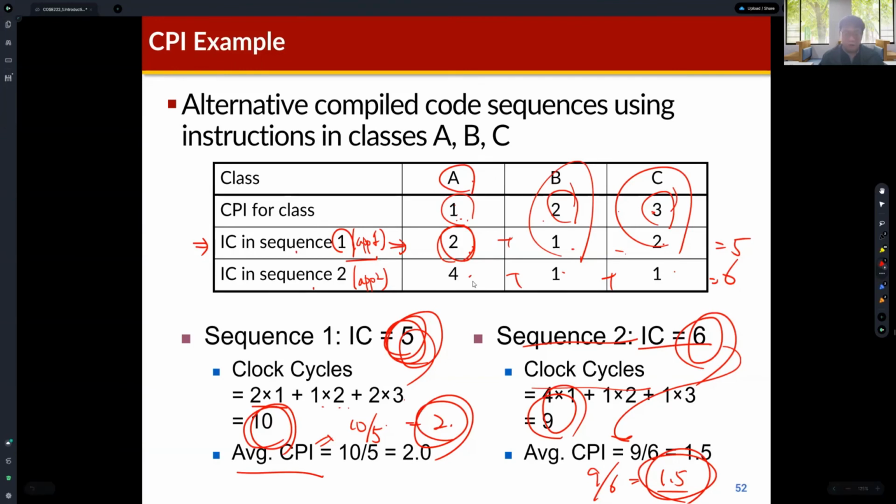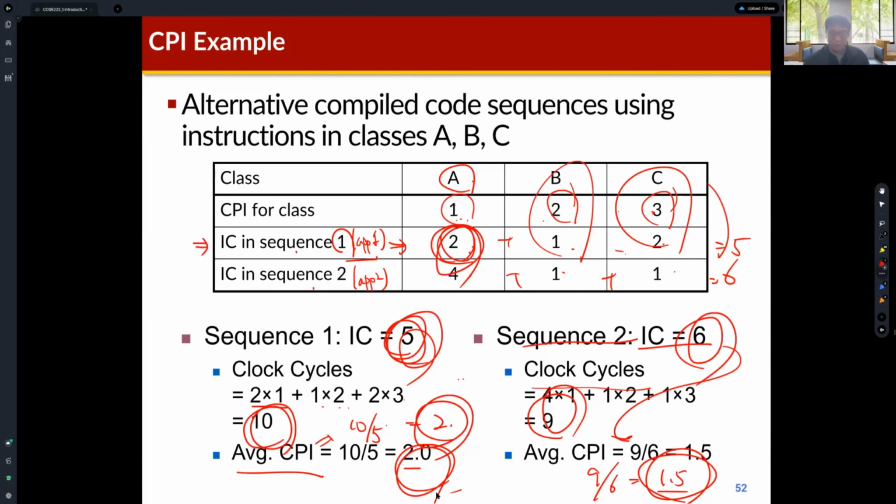If we know the instruction count of the different instruction classes, then we can easily calculate the total cycles and then the average CPI.